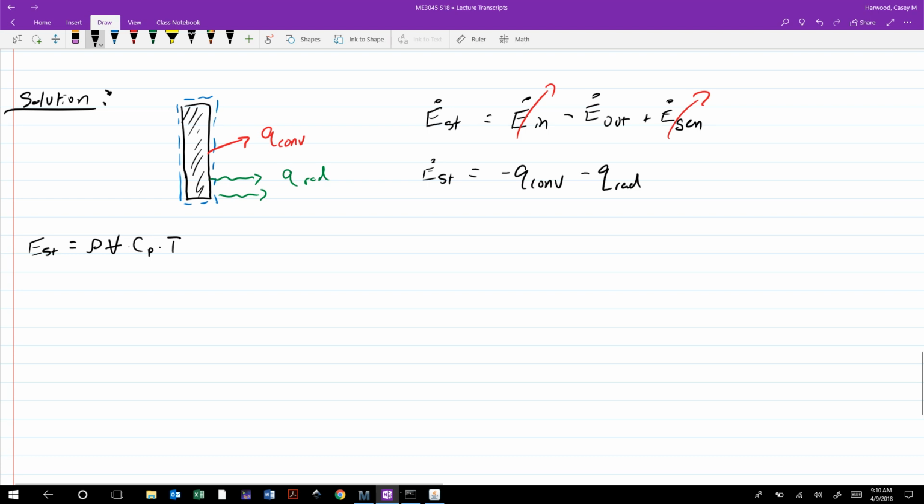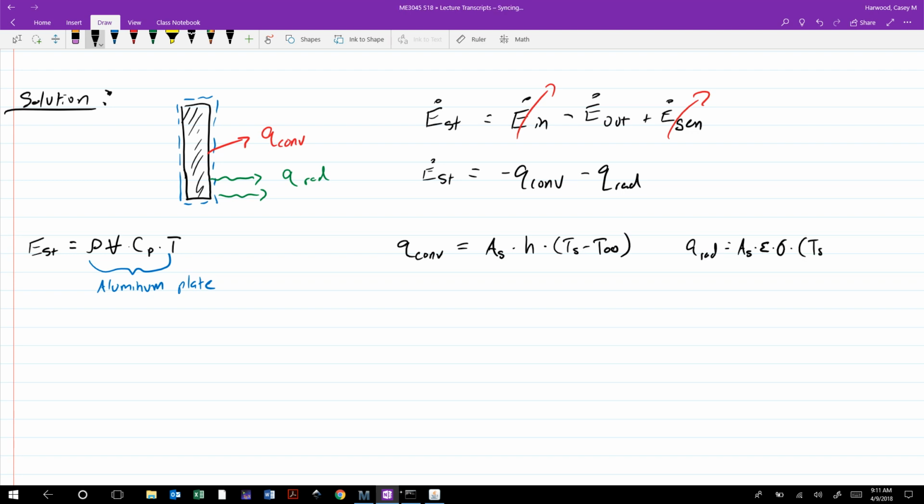Okay, so we're going to say that Q convection is equal to the surface area times h times (Ts minus T infinity), and say Q radiation is equal to As times epsilon times sigma times (Ts to the fourth minus T infinity to the fourth).